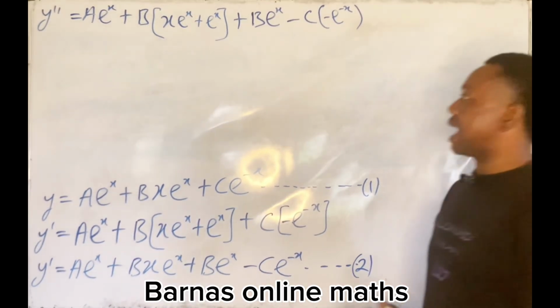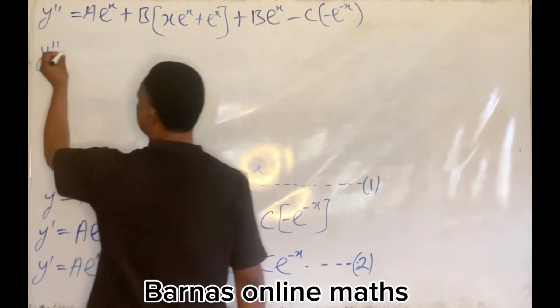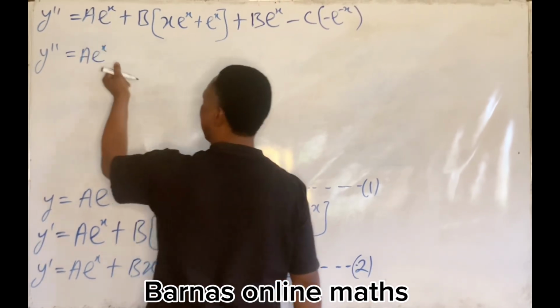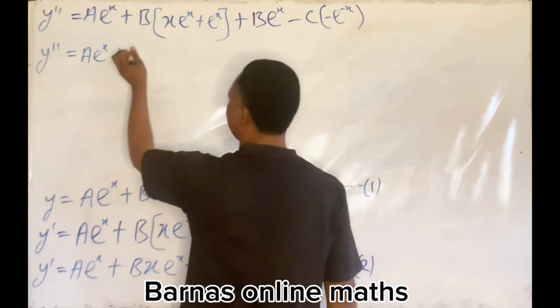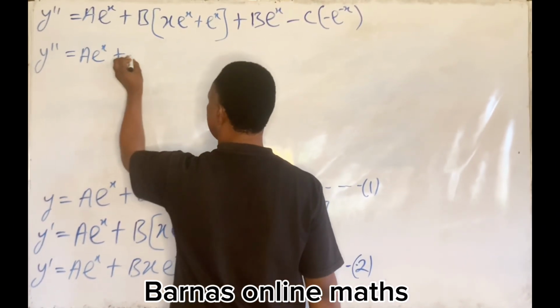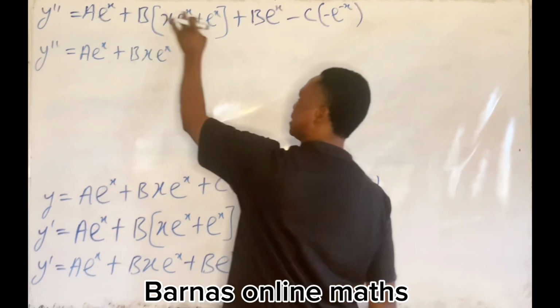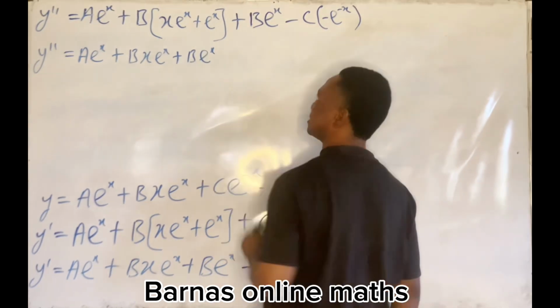Let's simplify further. So that will give us y prime prime, which is equal to a e to the power x plus, if we open the brackets, we are going to have b x e to the power x. Then this into this will give us plus b e to the power x.